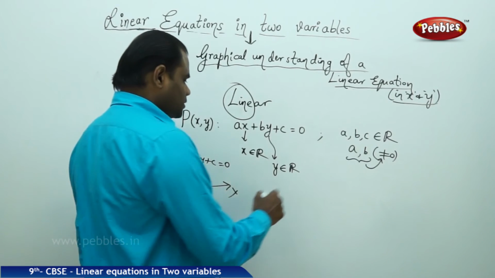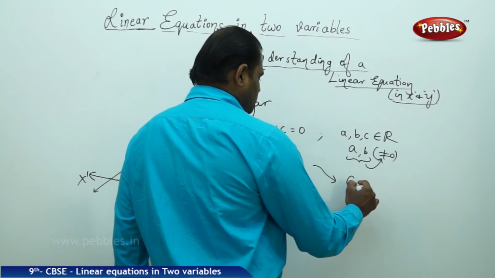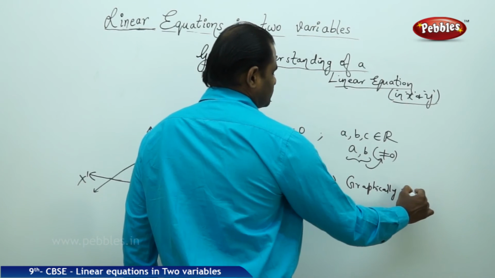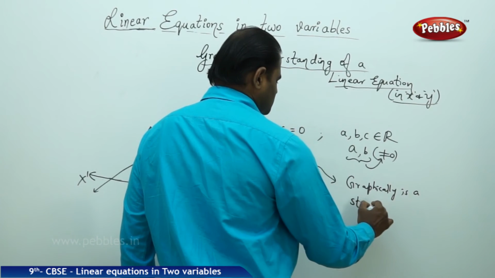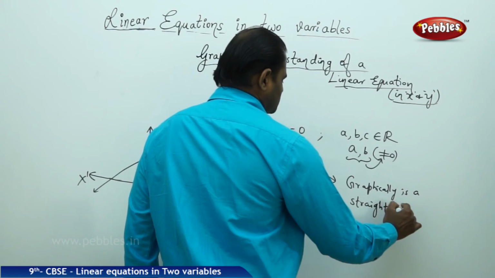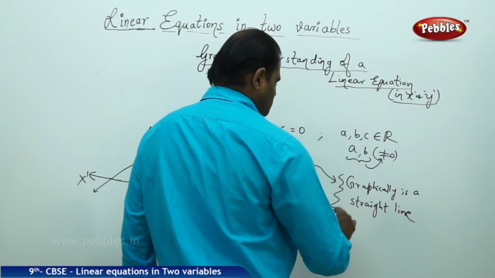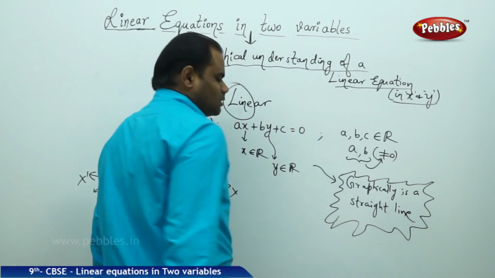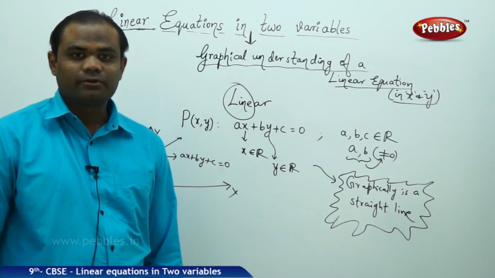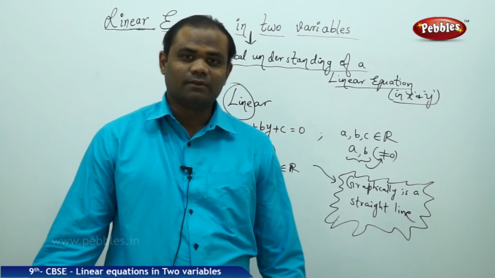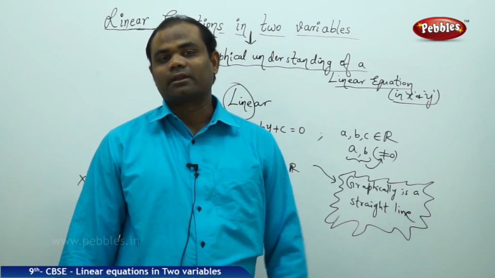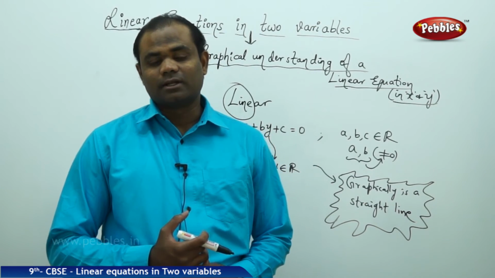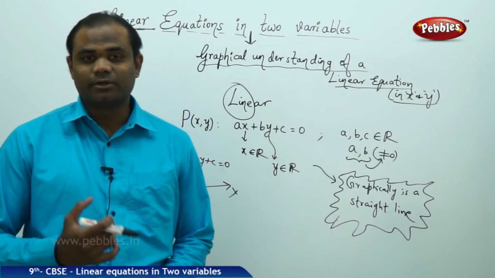A linear equation graphically is a straight line, which I draw with a ruler. That is how I understand the graphical concept of a linear equation.